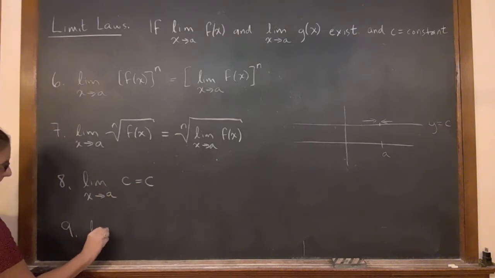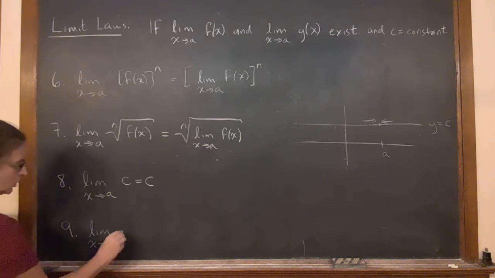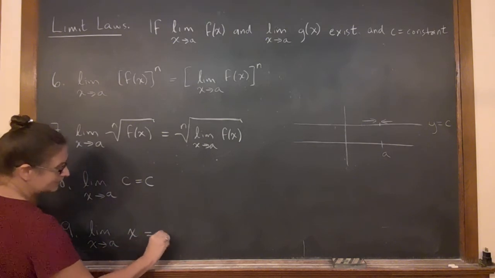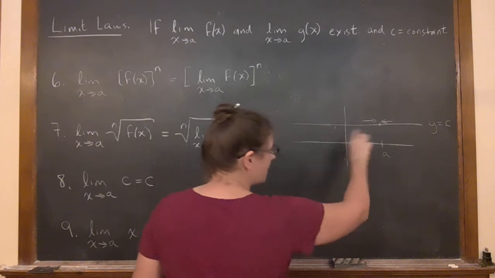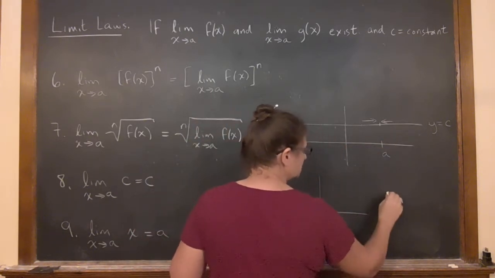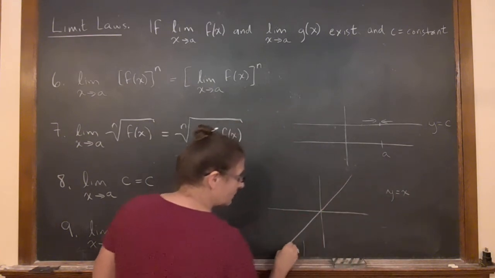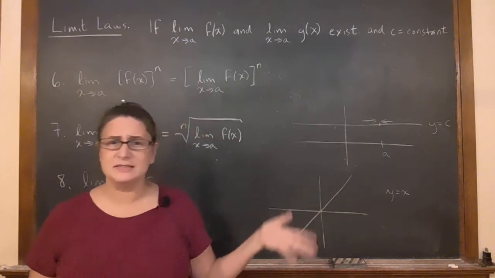Another one that's pretty easy to visualize is the limit as x goes to a of x is just a. In this case, I want to think of not the line y equals c, but the line y equals x, right? So if I've got y equals x, that's just this line through the origin, and there's nothing fancy going on.